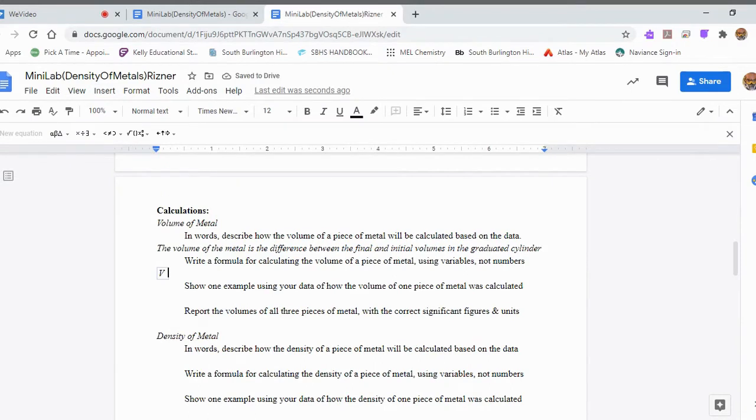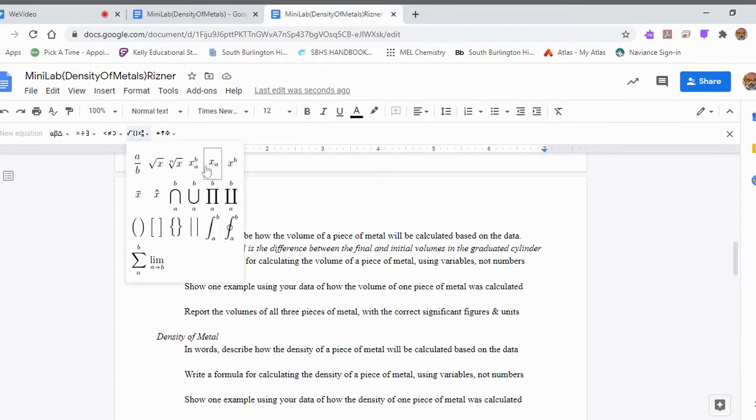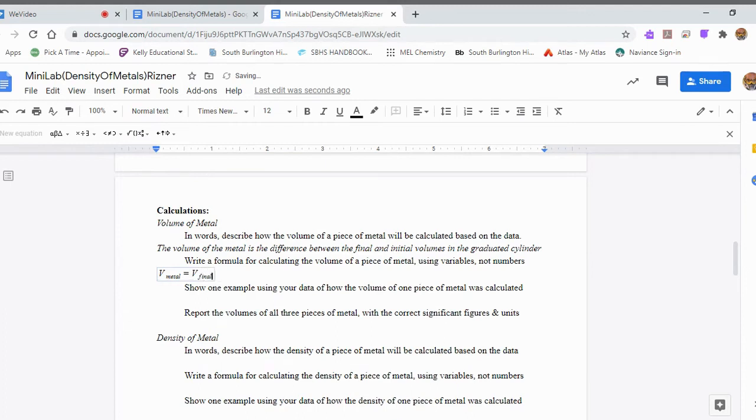Whenever you're referring to the volume of a specific thing, you would have V for volume, either capital or lowercase would be fine, and then you want to do a subscript for what specific thing you're talking about. So now we have the formula that the volume of the metal is equal to the final volume minus the initial volume. We'll next show one example using actual data.